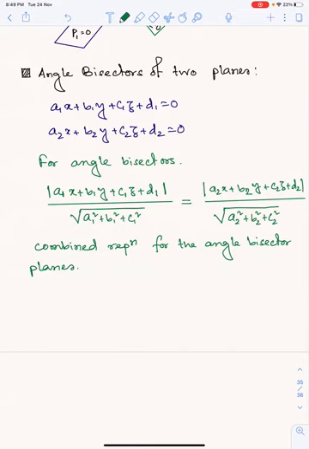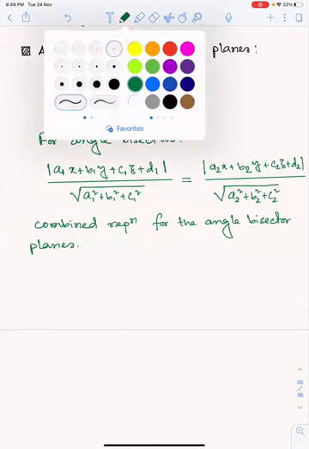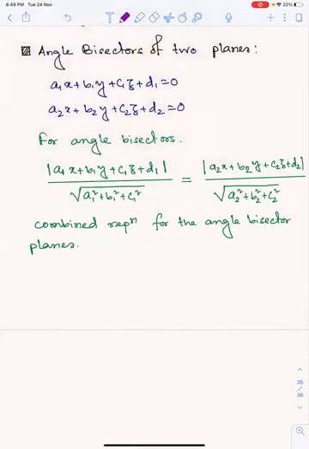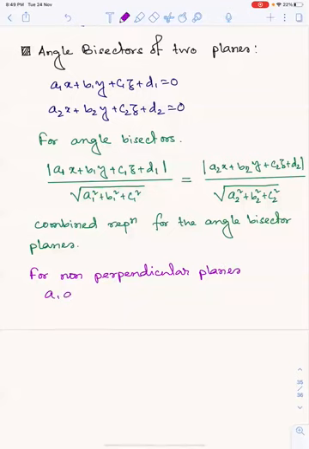And how do we decide on that? For that, mark that for non-perpendicular planes, A1A2 plus B1B2 plus C1C2 is non-zero.